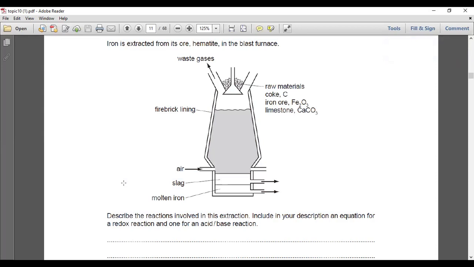Yes, so what he needed from me is to write the chemical equations which I said before. As you see here, this is the ore which we add at the beginning of the extraction, which consists of carbon, C, iron ore, Fe2O3, and calcium carbonate, which is limestone.